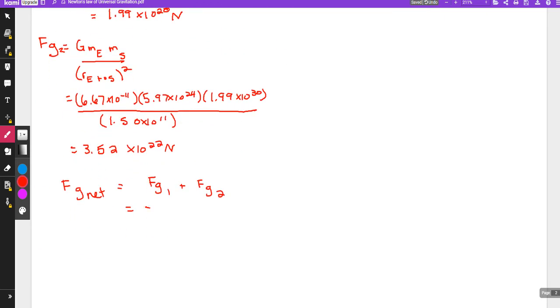So this is going to give you negative 1.99 times 10 to the 20 newtons plus 3.52 times 10 to the 22 newtons, which gives us, if we plug that in, 3.50 times 10 to the 22 newtons. So it's pulling more towards the Sun, like we said.